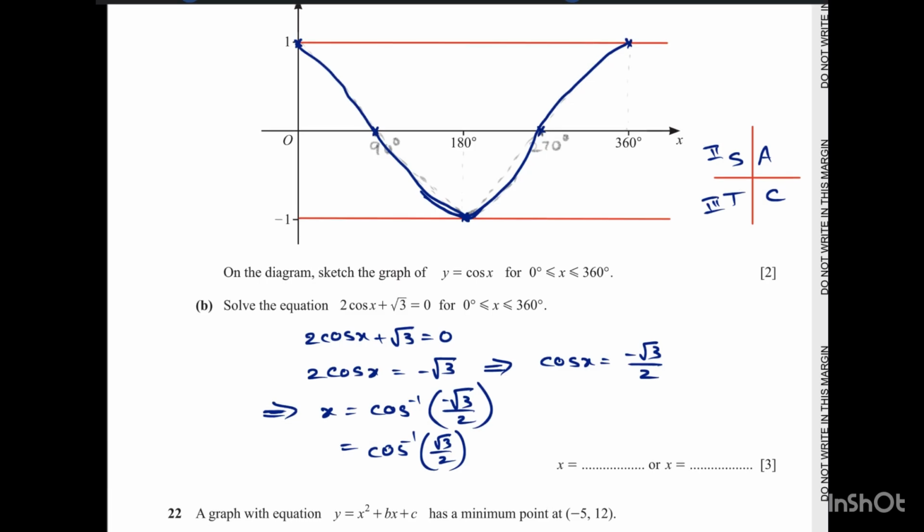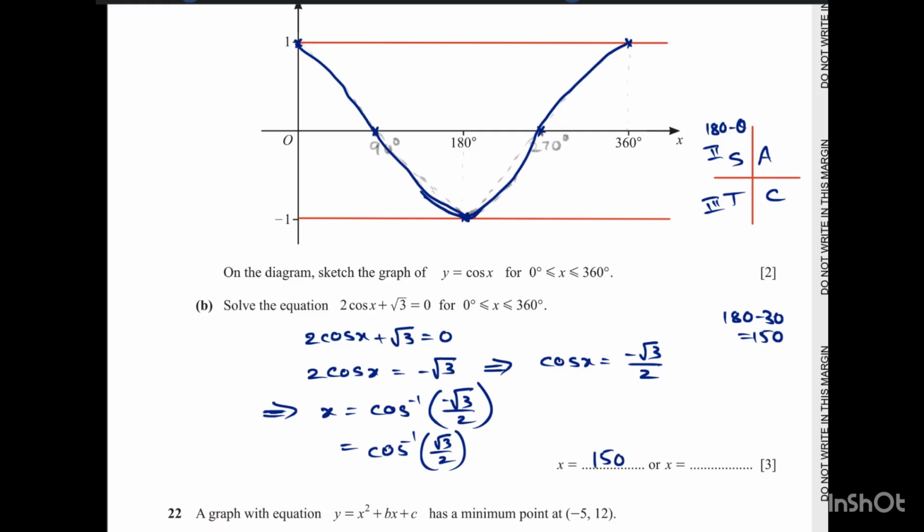So 180 plus 30 is 210. No, second quadrant, it's my mistake. It is 180 minus theta. So 180 minus 30 will be 150. So one of the x values is 150.